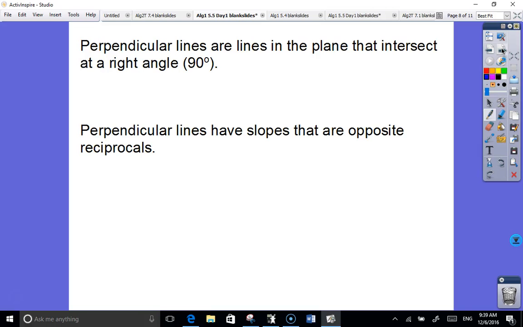For example, if one line has a slope of m1 equals 2/3, the other line would have to be -3/2. Opposite reciprocals, right? If one line has a slope of -4/5, then the other line would have to be +5/4.